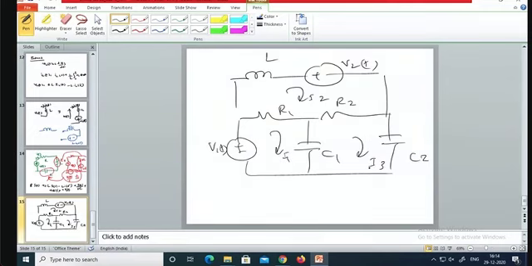Okay. So you just have to write the Laplace transform network like this.